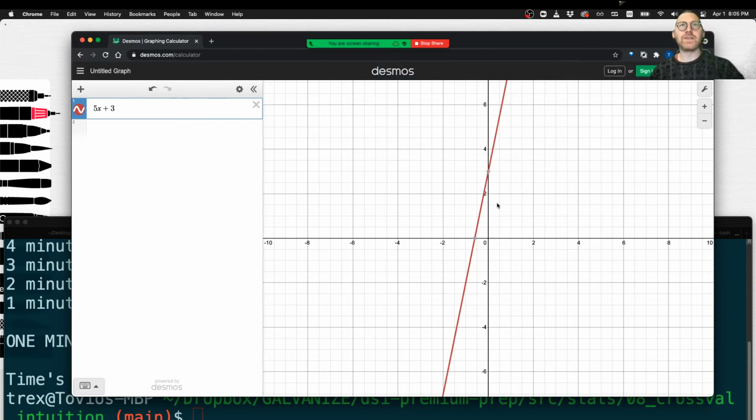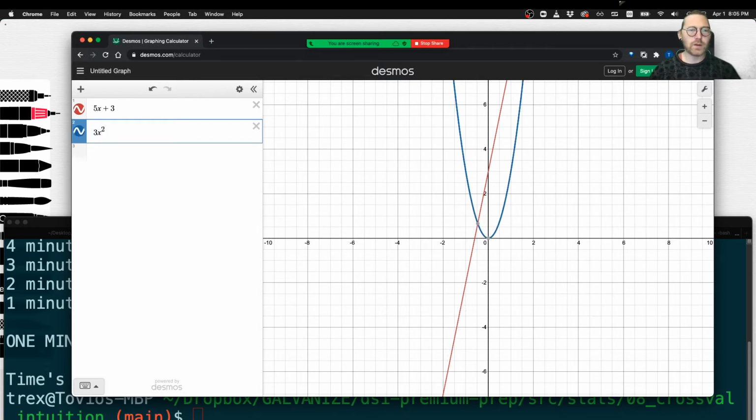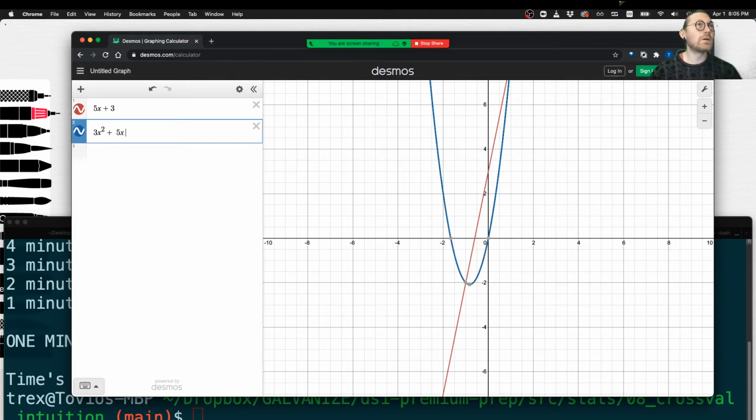So notice we have this very simple representation of a linear plot. It's just a simple line. Now I'm going to do 3x. Let's do 3x squared plus 5x plus 3, right?